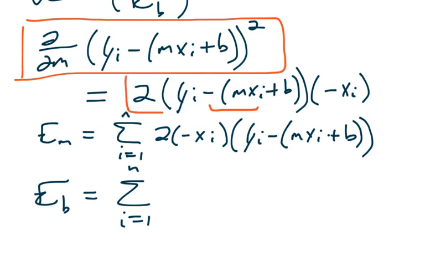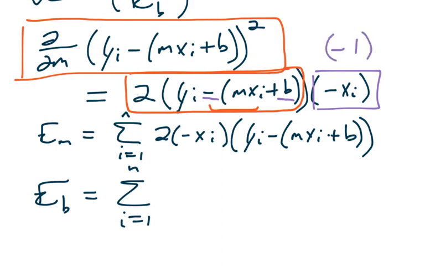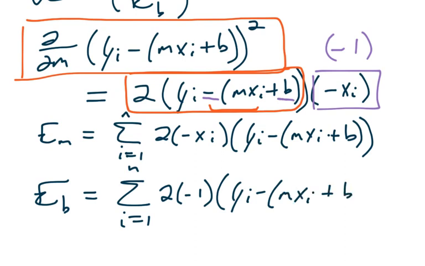It's going to give you this part in front. And then the only thing that's going to be different is what happens to that right there. The derivative of negative b on the inside, that's just going to give you a negative 1 there instead of a negative xi. All right, so that's the only difference. So if I write that down here, I'm going to have 2 times negative 1 times (yi minus (mxi plus b)).